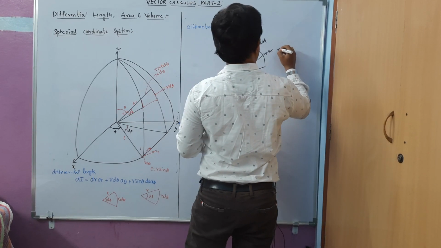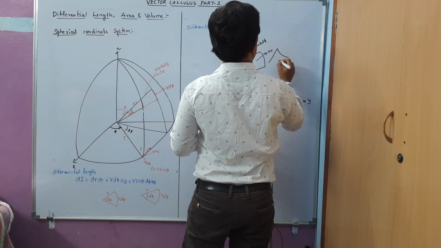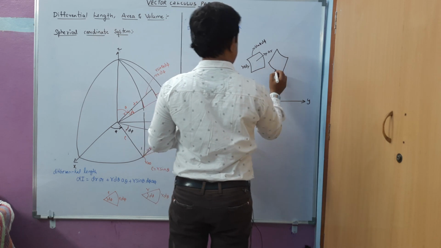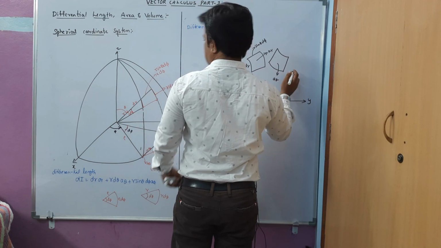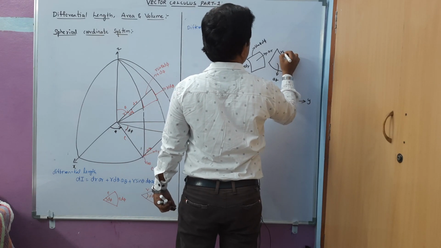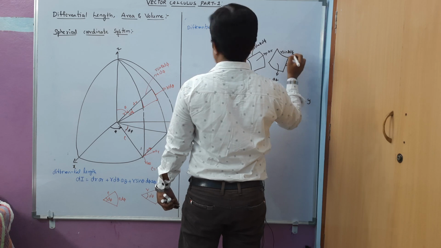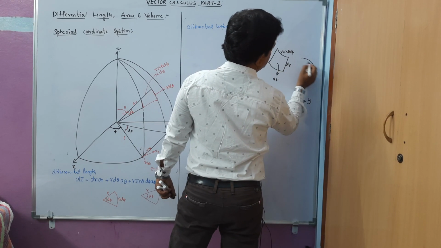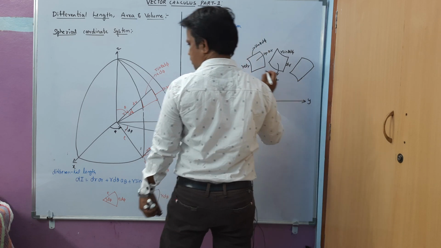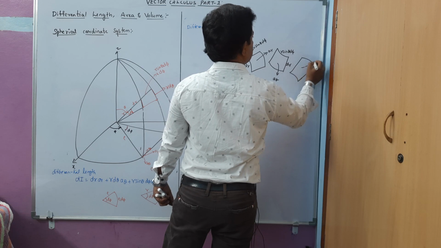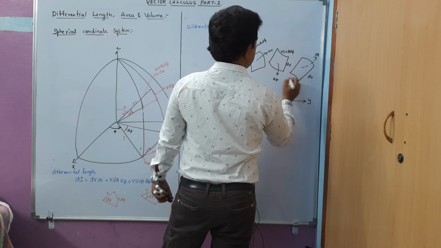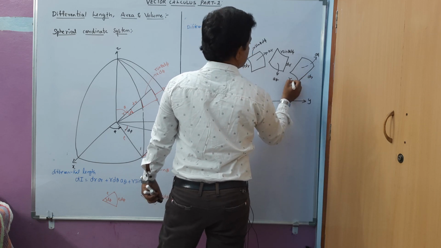Similarly, along this direction, that is A theta, we have dr and R sin theta d phi. Finally, these curves give the A phi direction, with the unit vector A phi, and we have dr and R d theta.